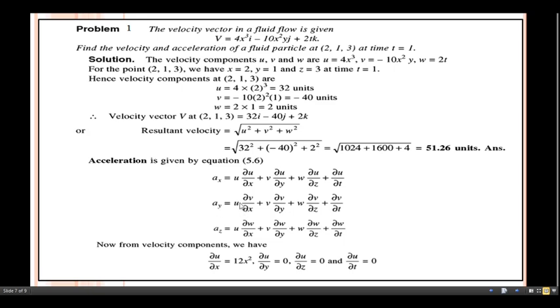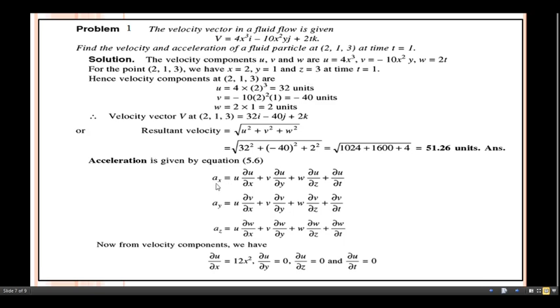So u into ∂v/∂x: you have to differentiate v with respect to x, with respect to y, with respect to z, with respect to t. Similarly, for az, this is the next relation with us. If you differentiate this with respect to x, y, z and t, we can get the relations accordingly.